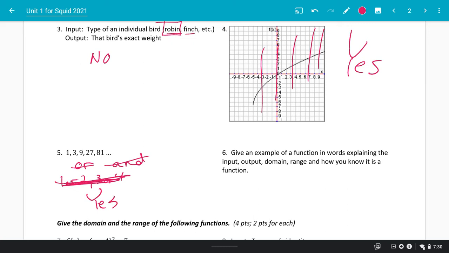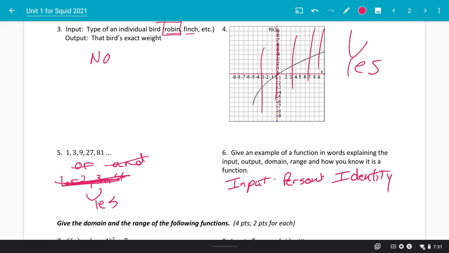Number six, give an example of a function in words explaining the input, output, domain, and range, how you know it is a function. Okay, so I need a function here in words. All right, my input is a person's identity, meaning each individual person's identity.